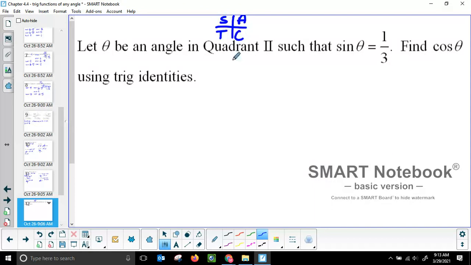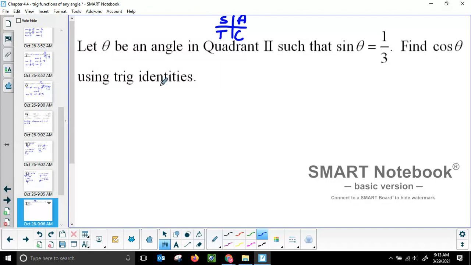In quadrant 2, I know sine is positive, which obviously it is here. They gave it to us. And we're trying to find cosine. What is cosine going to be in the second quadrant? Positive or negative? Negative, right. So we just have to remember to make sure that we make cosine negative.